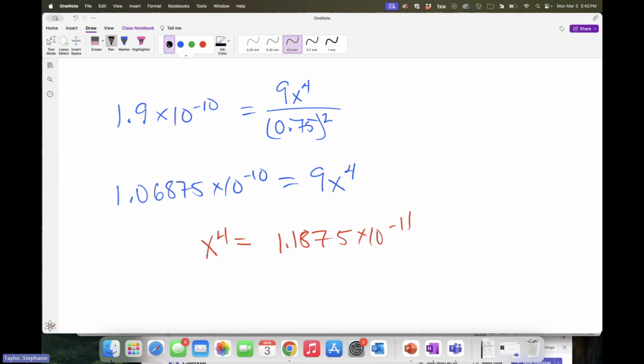What I am then going to do, and this one is up to you. On your calculator, there might be a fourth root button. Frankly, because of the calculators I use, I just use fractional exponents. So I just raise everything to the 1/4 power, or to the power of 0.25. However, there is usually a little button that looks something like this, and then you take the 4th root.